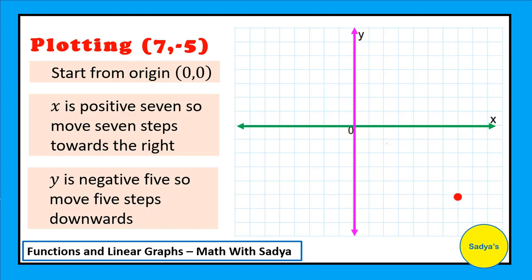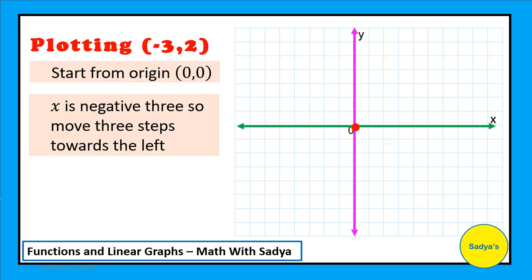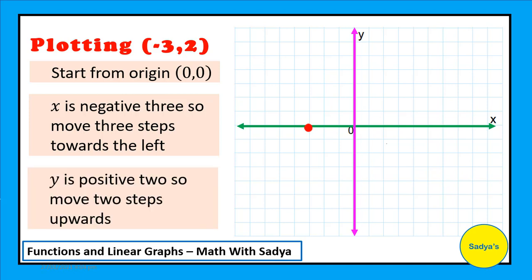So this point represents the ordered pair 7, negative 5. If we have to plot negative 3, 2, again we will start from origin as usual. X is negative 3, so we move 3 steps towards the left. Y is positive 2, so we move 2 steps upwards.